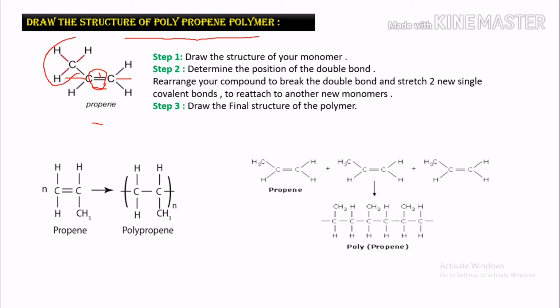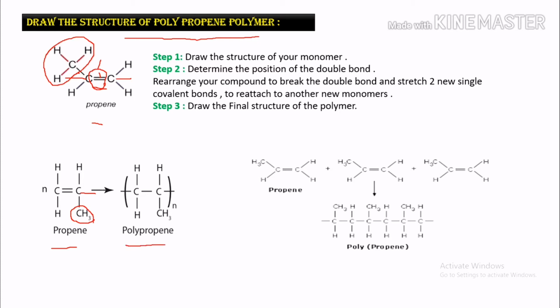So just move your methyl group, your CH3 group, up to give extra space for the new single covalent bonds, so we can rearrange our monomer in the same shape. We have the methyl group moved or rearranged to give extra space for our new single covalent bonds.